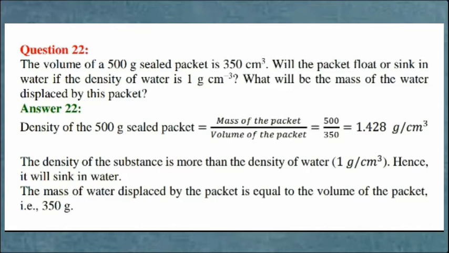Since the density of the 500 gram sealed packet will be calculated as the ratio of the mass of the packet to the volume of the packet, this will be equal to 500, that is the mass of the sealed packet, divided by 350, which is the volume of the sealed packet. So we can find out that the density is 1.428 gram per centimeter cube.